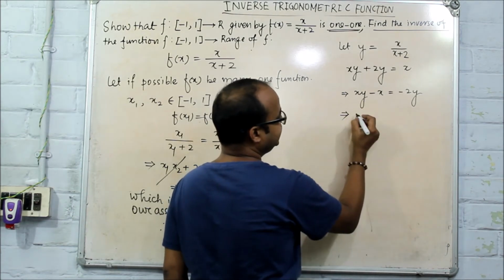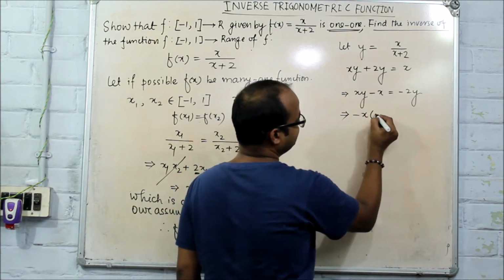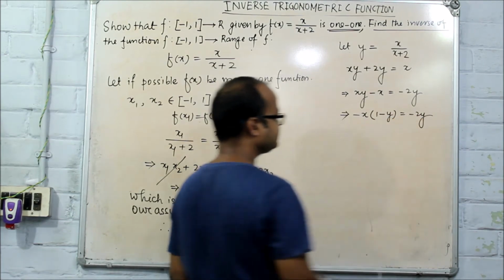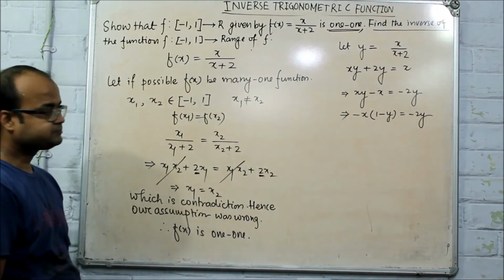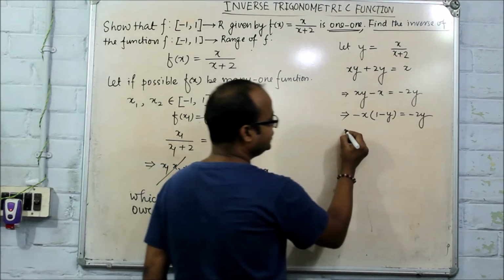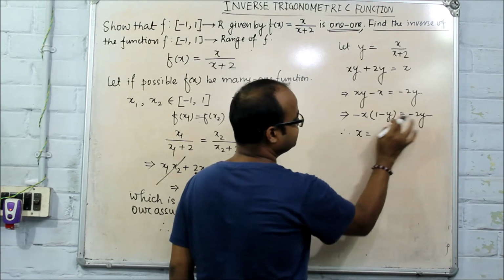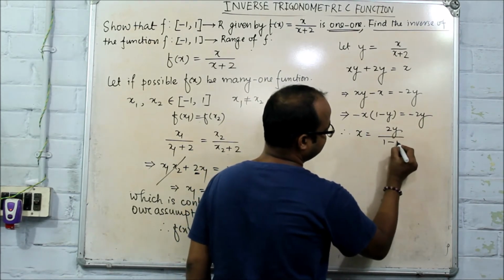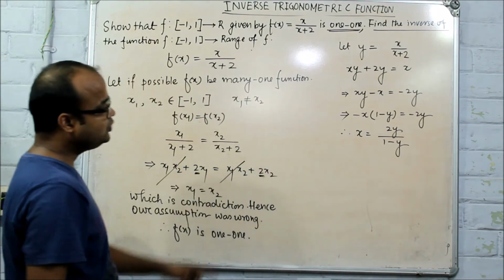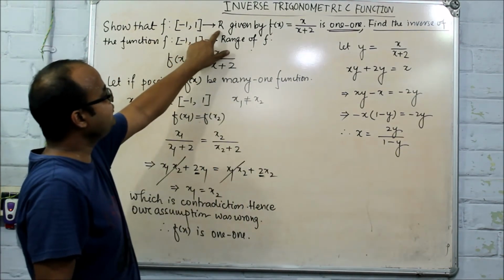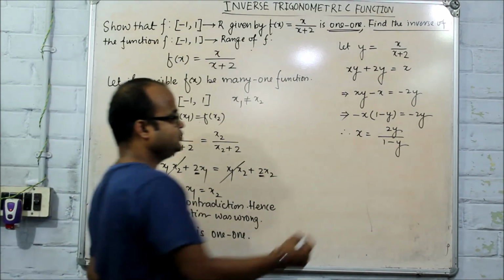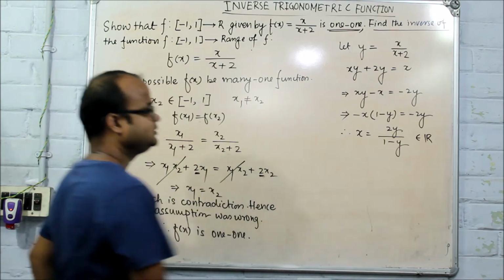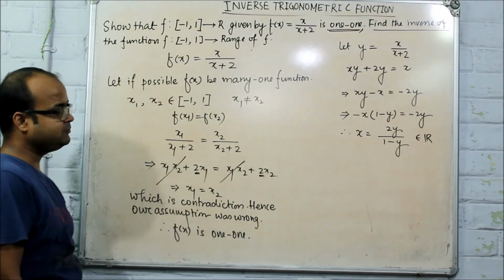Now from here, if you take x common, you get x(y minus 1) is equal to minus 2y. Therefore, x is equal to, this minus and this minus will get cancelled, so you get 2y by 1 minus y. And 2y by 1 minus y, this type of form is always there in R. So you say it belongs to R, the set of real numbers.